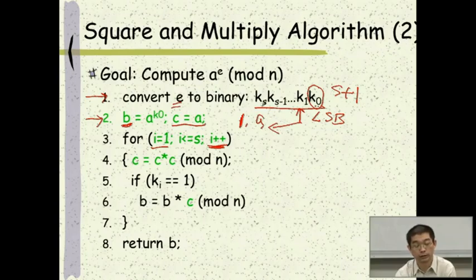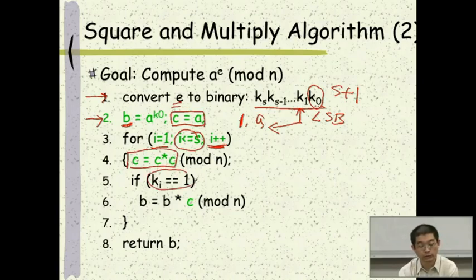And I move all the way to the most significant bit. Okay? So at each bit position, what I do is I do a square of c, which is the intermediate variable we initialized here. And then if the bit value k sub i equals 1, I'm going to multiply b by c here. And then I move on to the next iteration.